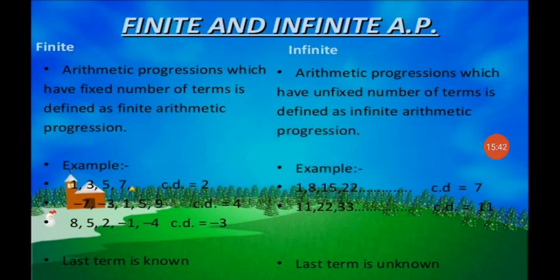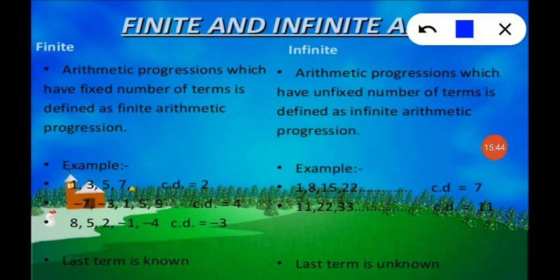Remember that whenever we have a finite AP, at the last we will have a full stop, which means there is no continuation. And we know which term is last, which means here 7 is the last term, in the next case 9 is the last term, here -4 is the last term.